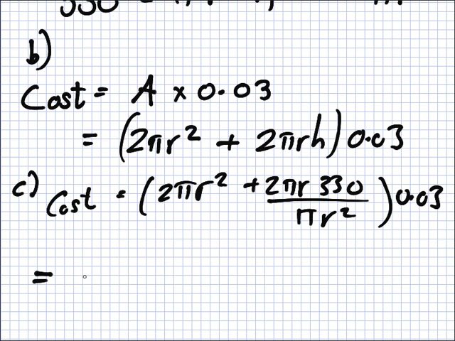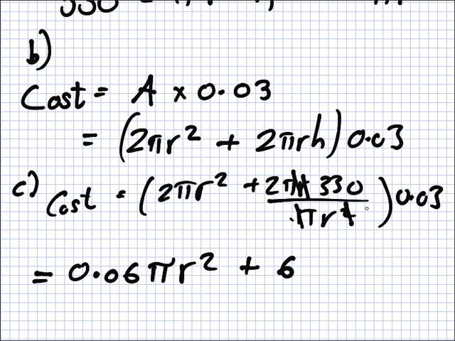So that's equal to, let me see, 0.06 pi r squared, the pi's cancel, plus, can someone do that for me please? 2 times 330 times 0.03. 19.8 pi.